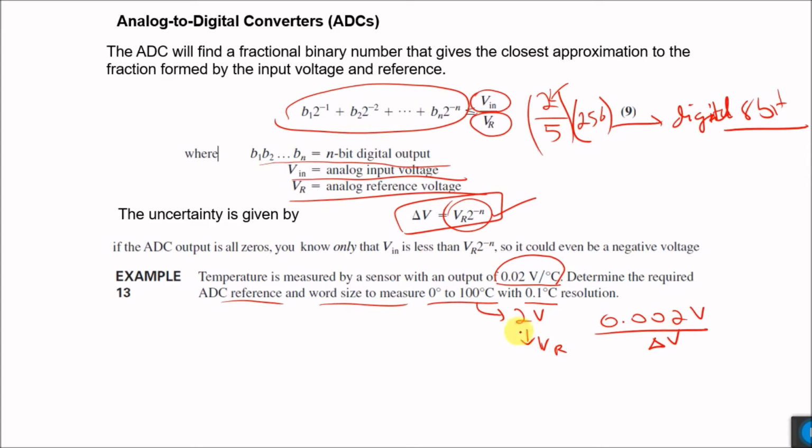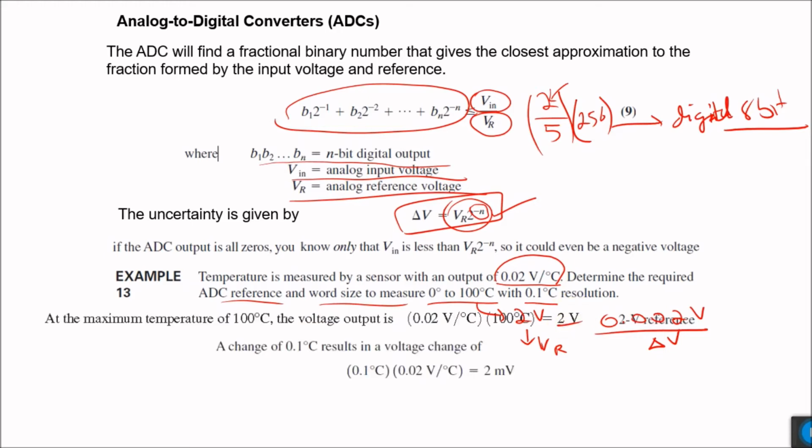And now you have VR, del V, and we can easily find out what can be that N, and that N would define the resolution of the ADC. So let's find out. VR is 2 volts. The del V is 2 millivolts, 0.002.